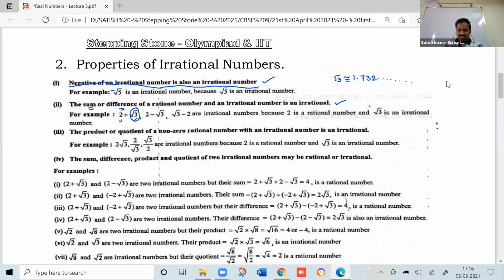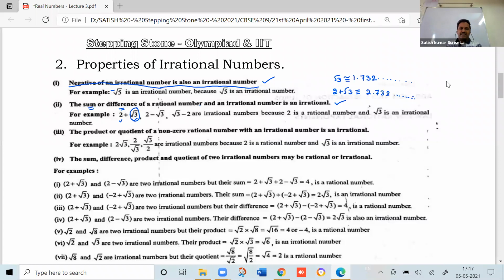So that's why this is an irrational number. But when I add 2 to this, 2 plus root 3, what will the value be now? 2.732 and so on. For this also, after the decimal, the digits neither repeat nor terminate. That's why 2 plus root 3 is an irrational number. In the same manner, 2 minus root 3 as well as root 3 minus 2 also.